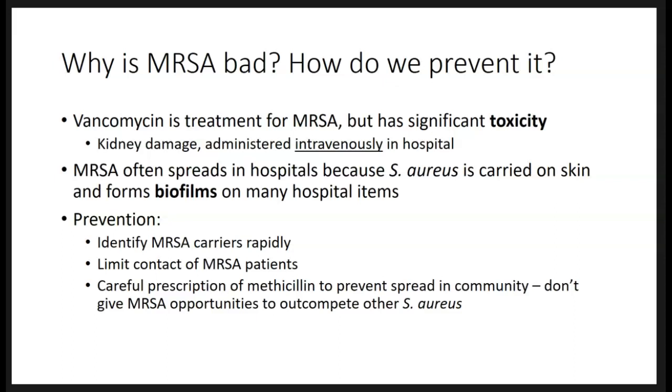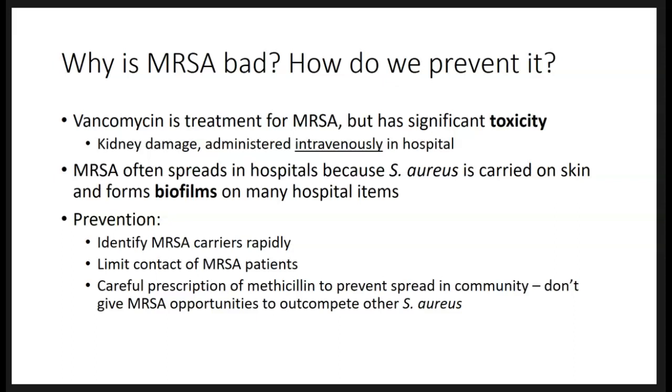MRSA is also problematic in healthcare settings because Staph aureus in general are carried on many people's skin and also form biofilms, which are resistant to many of our sanitation and disinfection processes that we use on hospital items. And so we need to take many steps in order to prevent the spread of MRSA bacteria.